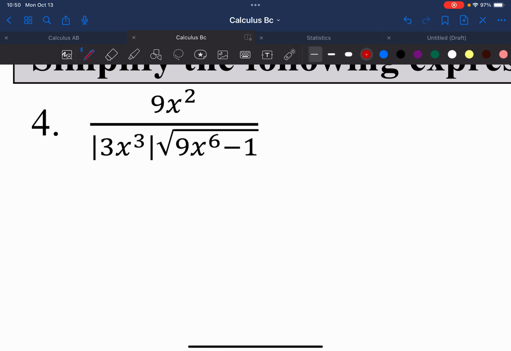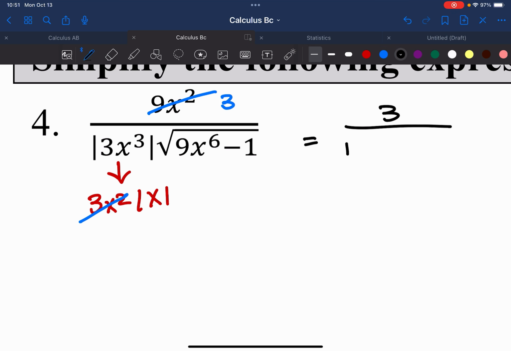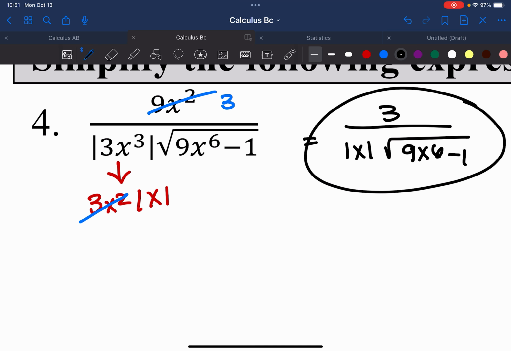Well, this 9x squared and 3x to the third power could end up simplifying because we can change this to be 3x squared times the absolute value of x, which means that 9x squared and 3x squared can cancel and we're left with just the 3 on the top, which means our answer would be 3 over the absolute value of x times the square root of 9x squared minus 1.